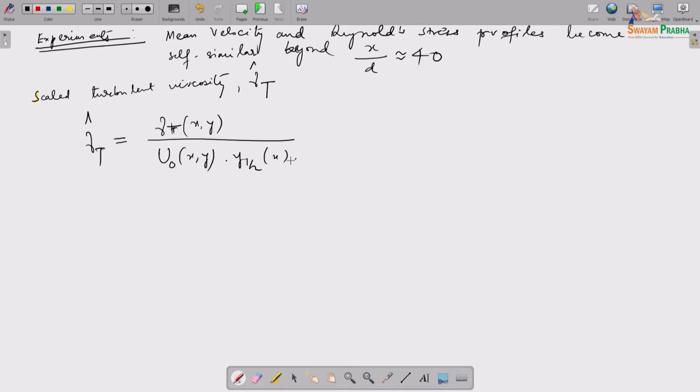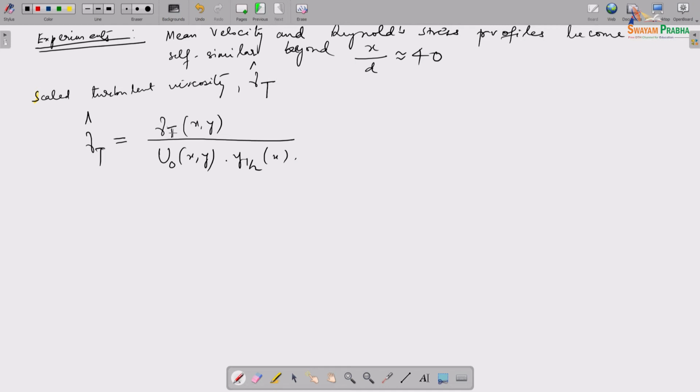This is the turbulent viscosity, and we are scaling it with the centerline velocity and y half.